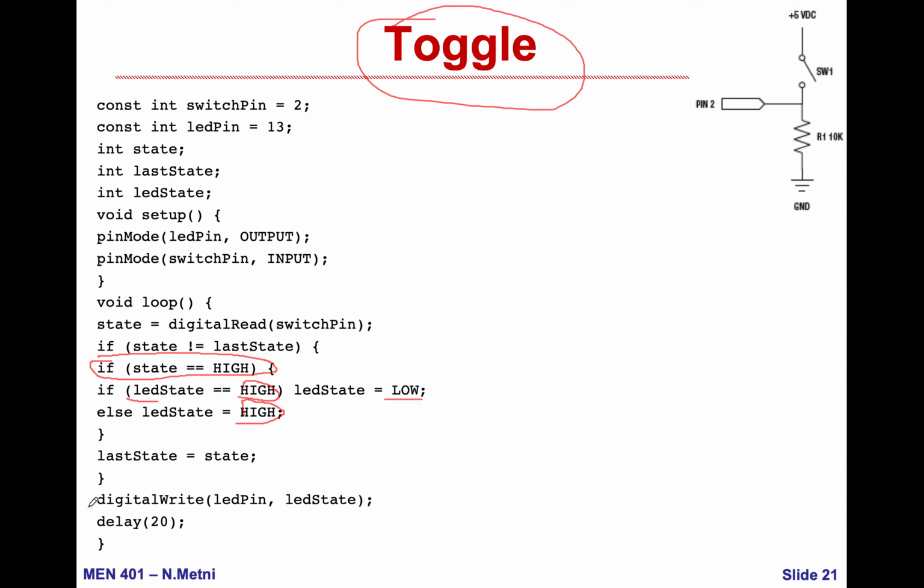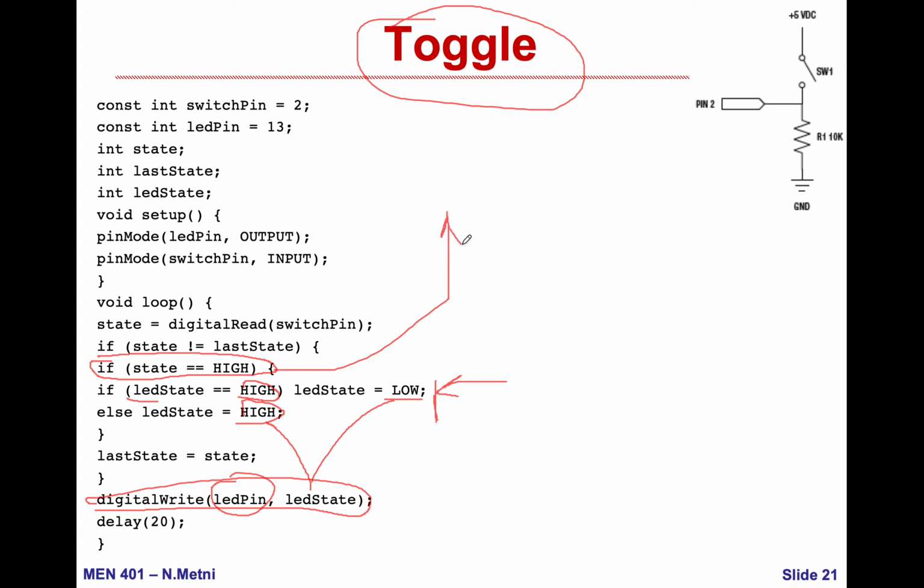And now I am digital writing on 13 my new state, either high or low, depending on what is inside here. So if I want to explain this code, I will say that this code will toggle an LED at every rising edge.